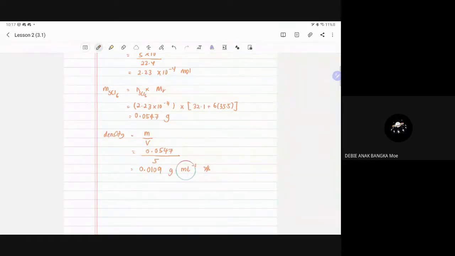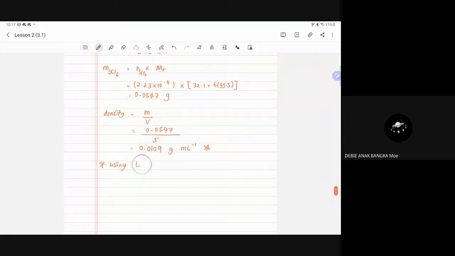Kalau guna grams per ml, kamu akan dapat macam ni. Kalau kamu guna liter, if using liter, density equals to 0.0547 divided by 5 times 10 negative 3.